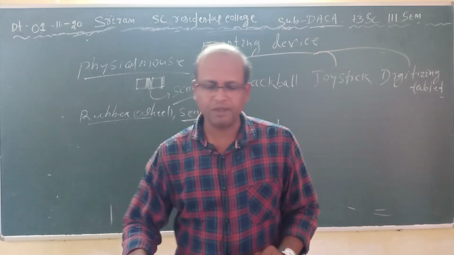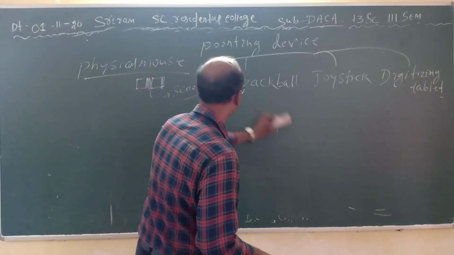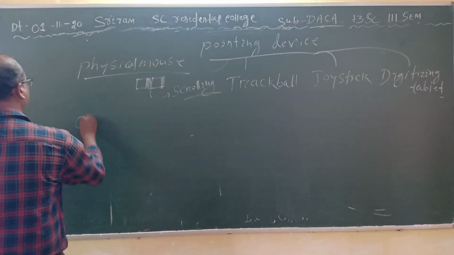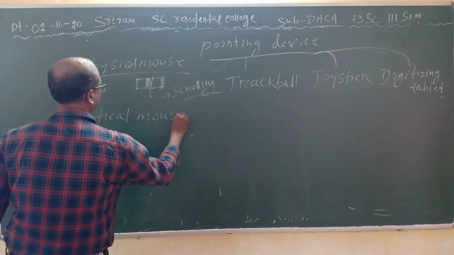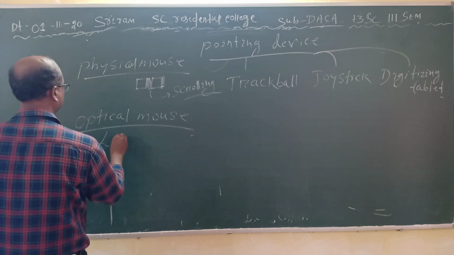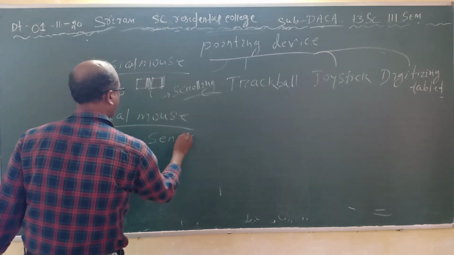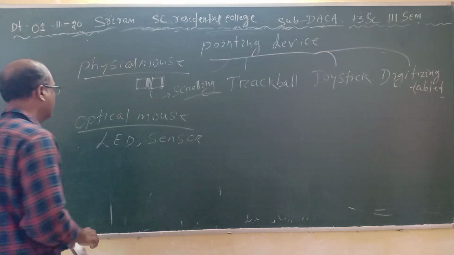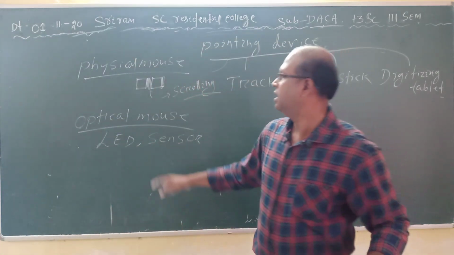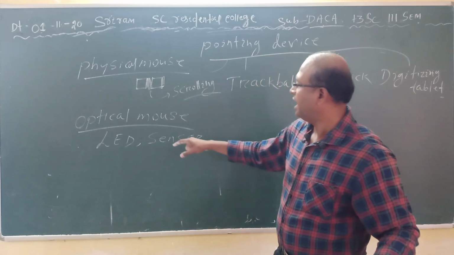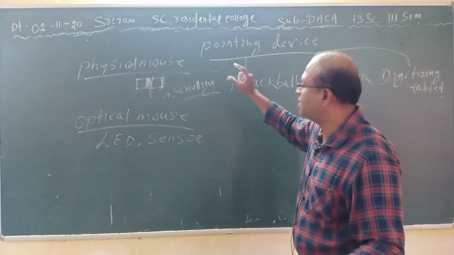But the optical mouse comes in. Nowadays you can see the optical mouse. In an optical mouse there is an LED, no rubber wheel, only an LED and a sensor. LED, light emitting diode, is used in the optical mouse, and using that light diffraction the position of the cursor is changed.